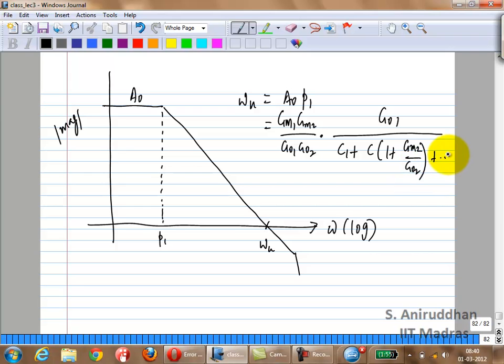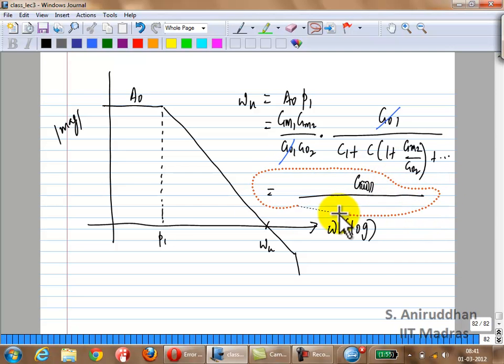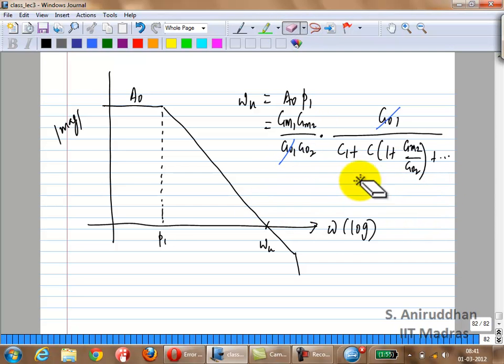So I have some other terms. Go1 gets cancelled. And now I'm going to multiply the numerator and denominator by Go2 over gm2. I have gm1 left in the numerator.